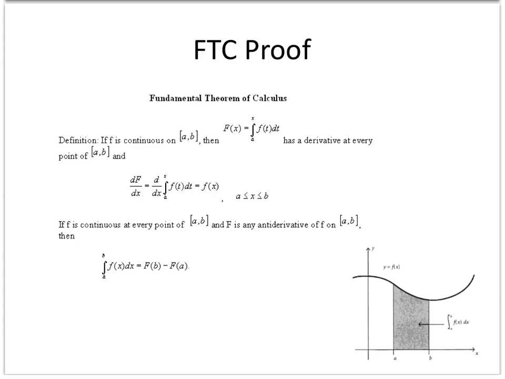The fundamental theorem of calculus, and we've talked about this before, says that if we have a function that's continuous on the interval a to b, then our big F of x would equal this integral of little f of t, and it has a derivative at every single point within this interval. Remember the reason why: if this is continuous, I certainly can find the slope here, here, here, and here.